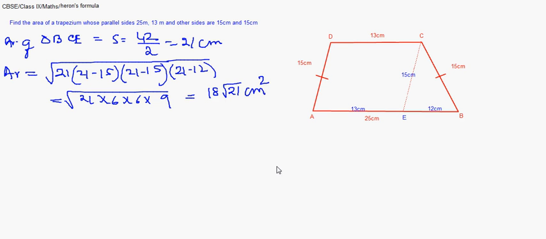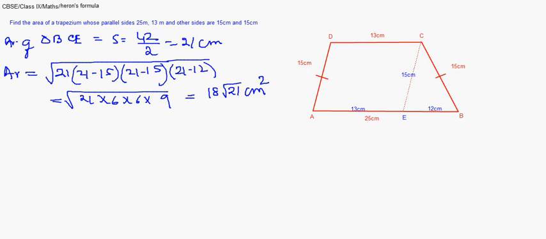This is the area of the triangle BCE. Now we also need to know the altitude because we have to find the area of the parallelogram, right? How do we find the area of the parallelogram? To do so we'll need the height actually.